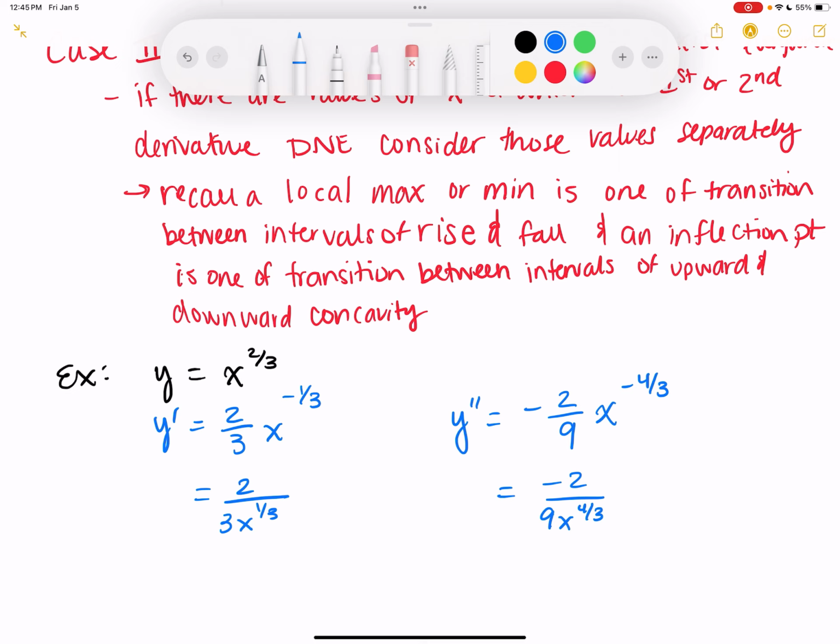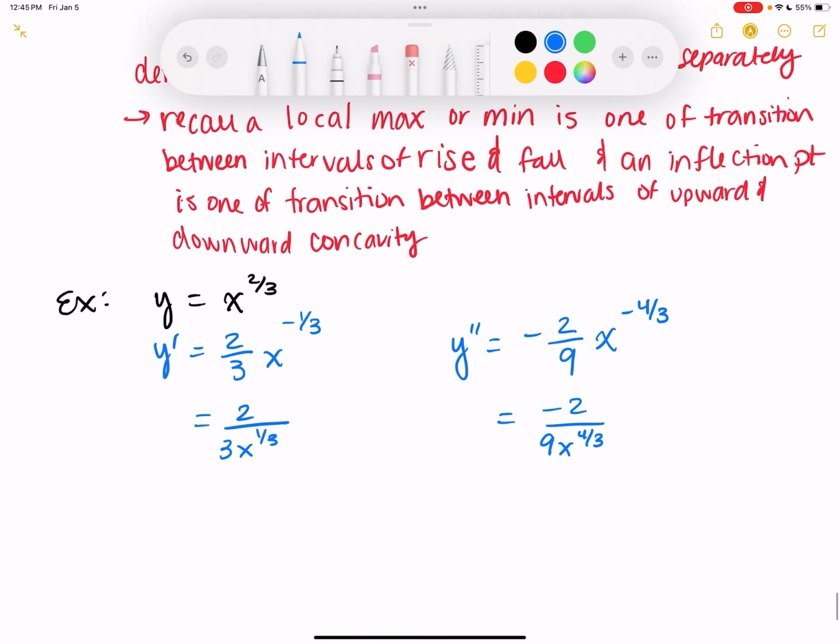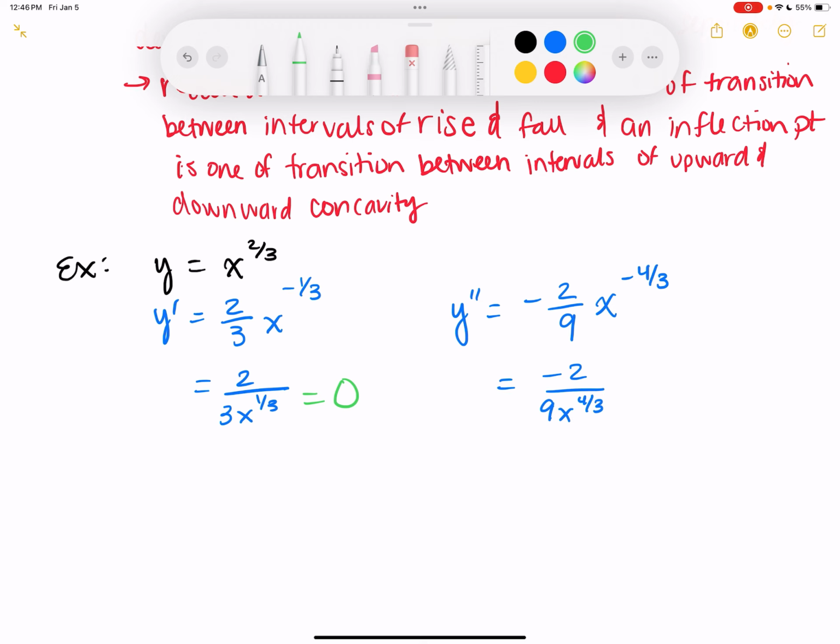I'm trying to figure out, if I set this equal to 0, what value of x makes the whole thing 0?